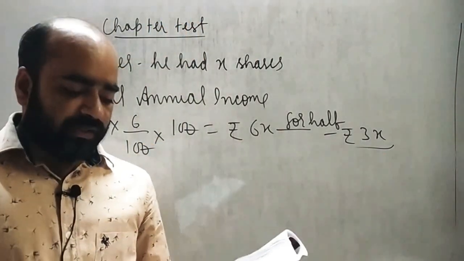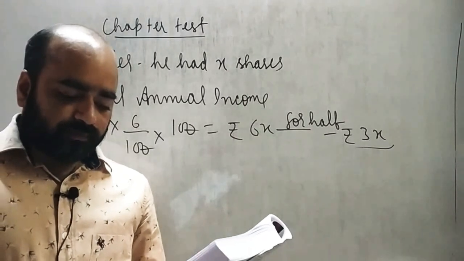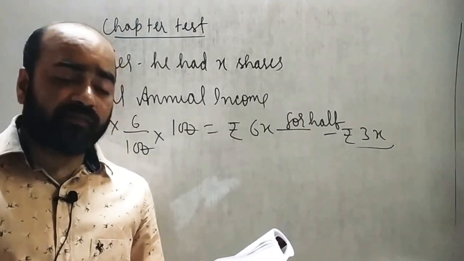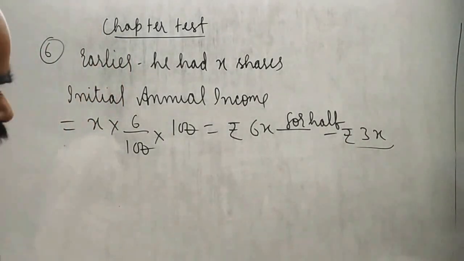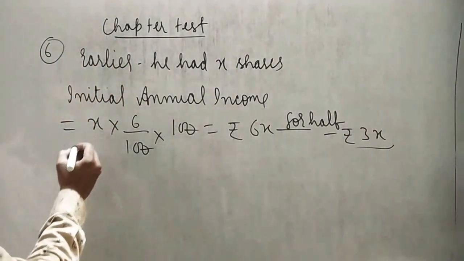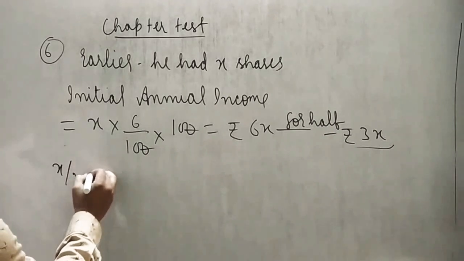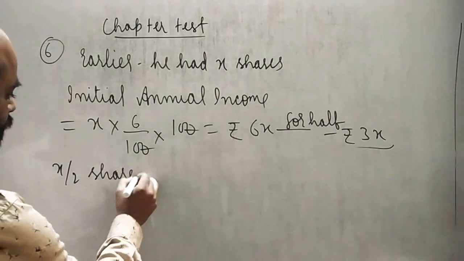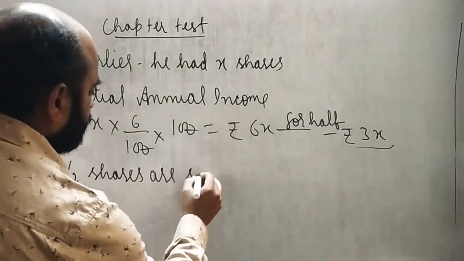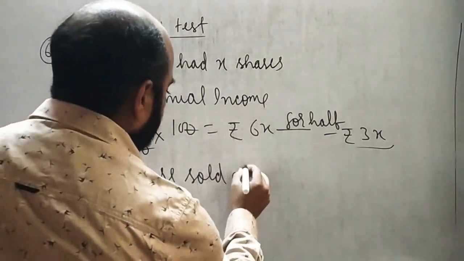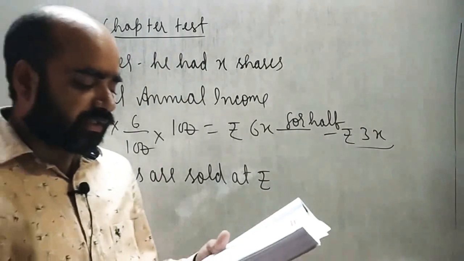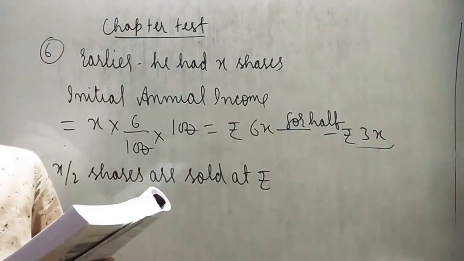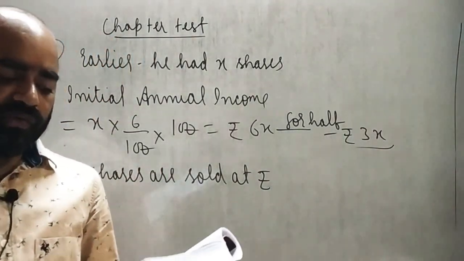Why? In the preceding line, he sells half of these. It means only half of the shares are sold. It means X by 2 shares are sold. It is given half of the shares are sold at a discount of 10%. Face value is 100.